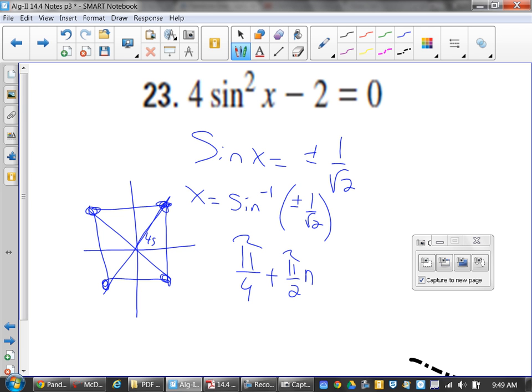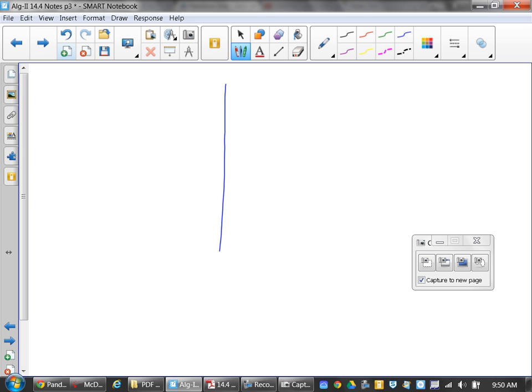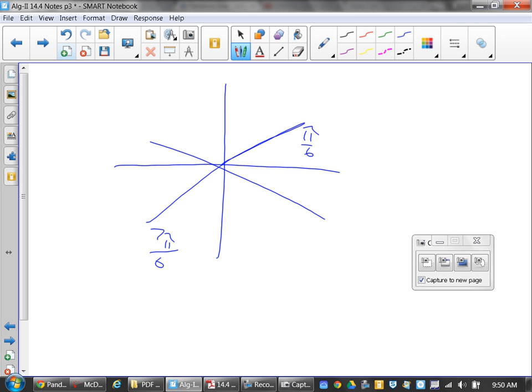So if it wasn't 45, say it was like 30 degrees, if they were like in all quadrants? It's not the same value adding across. And this is a good question here. What happens here, let's say you had all of your 30-degree values. So if you're at pi over 6, this would be 7 pi over 6, 5 pi over 6, and 11 pi over 6. Pi over 6 plus pi and then 5 pi over 6 plus pi.